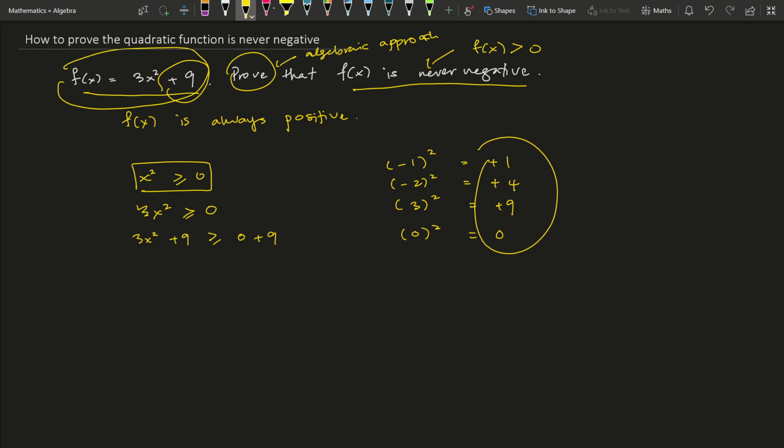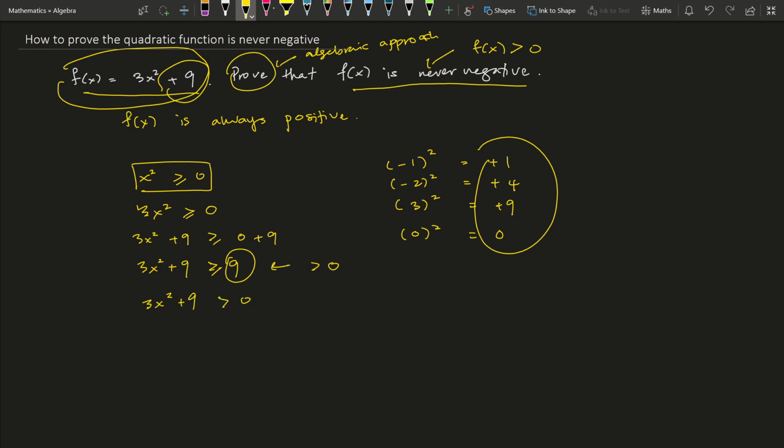So we have 3x squared plus 9 is greater than or equal to 9. It means it is greater than 0. So 3x squared plus 9 is greater than 0.